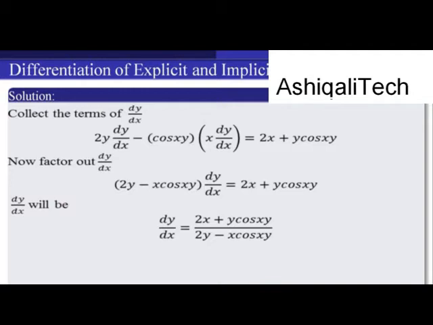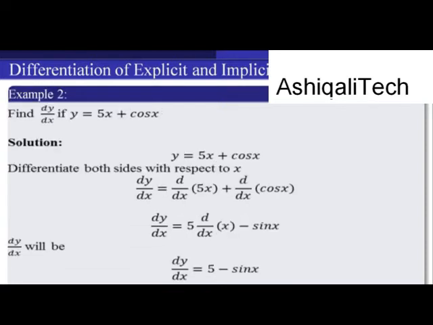Now taking dy by dx common from the left hand side, we get 2y minus x times cos of xy into dy by dx, and it is equal to 2x plus y cos of xy. Now dy by dx will be equal to 2x plus y cos of xy divided by 2y minus x cos of xy. Dear students, now we look at another example.